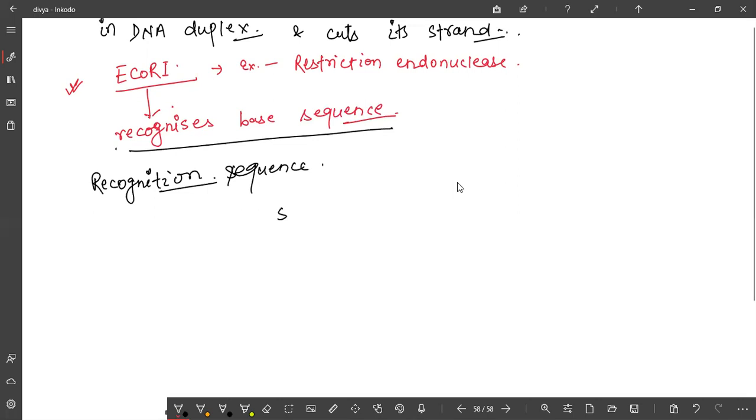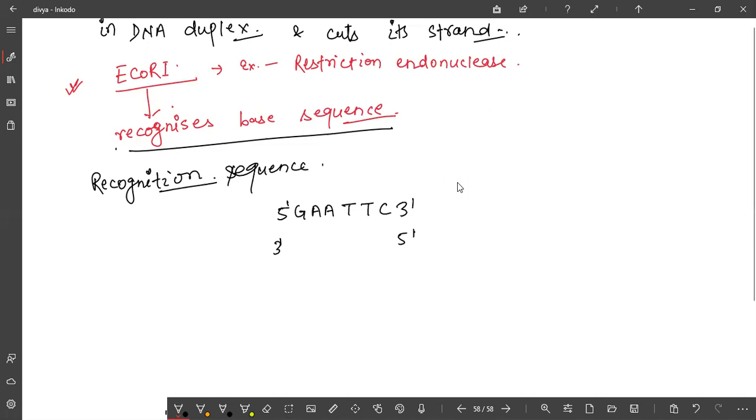So this is 5 prime, 3 prime, 3 prime, 5 prime. It will just recognize its sequence, and the sequence is GAATTC. What is the base sequence of EcoRI that it will recognize? GAATTC.